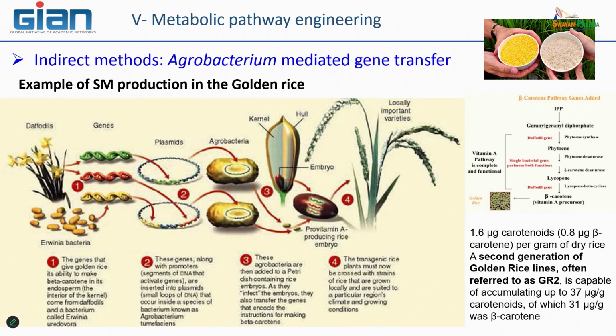So only three genes were necessary to include in this plant to permit production of this carotene.